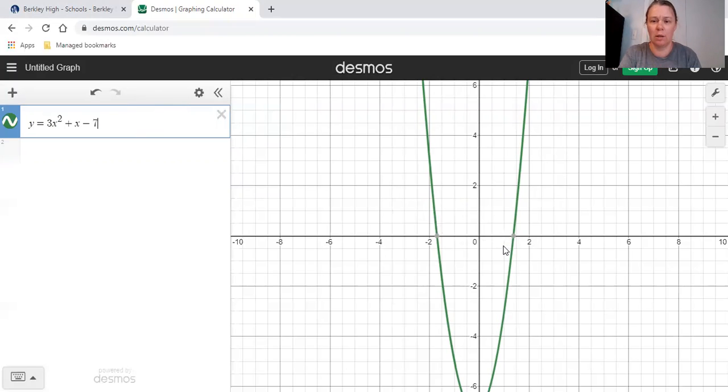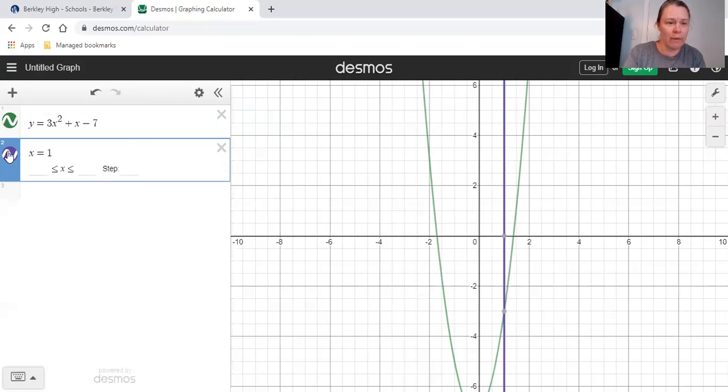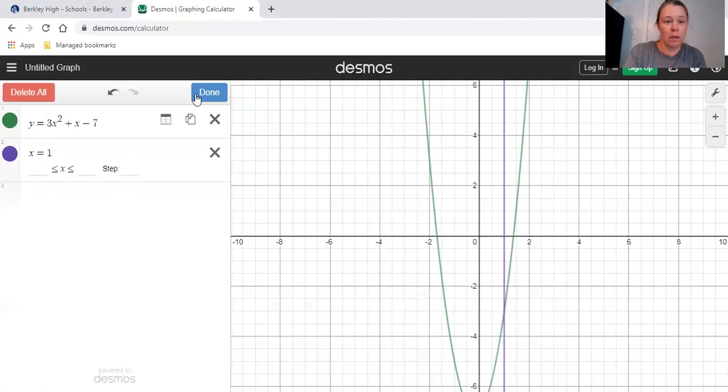Actually, I think what I'm going to do here is write x equals 1 and graph that. Okay, so I just graphed it. I made it dashed because that's not technically part of our graph, but I just want you to really focus in on here's where x is 1 and what's happening on either side of this parabola.